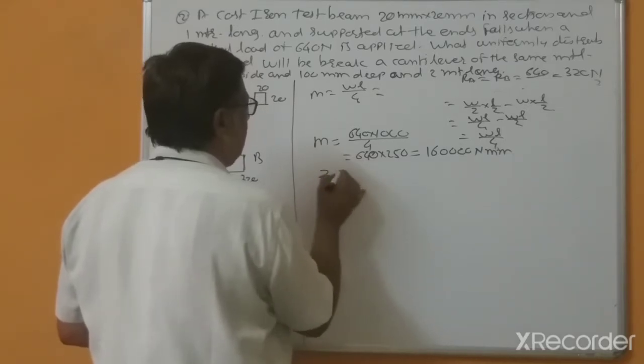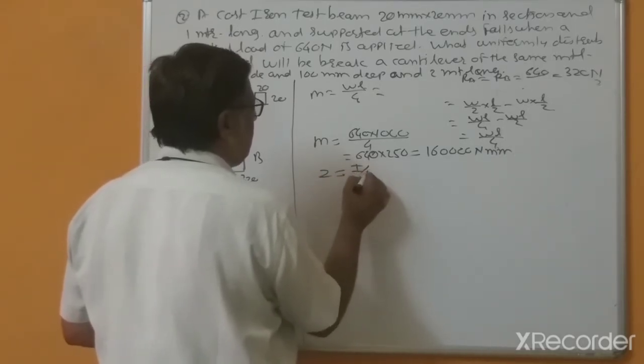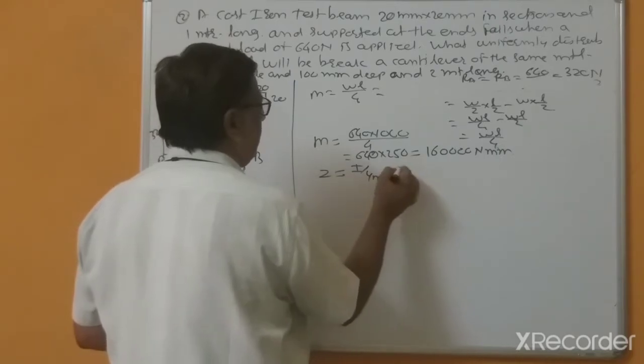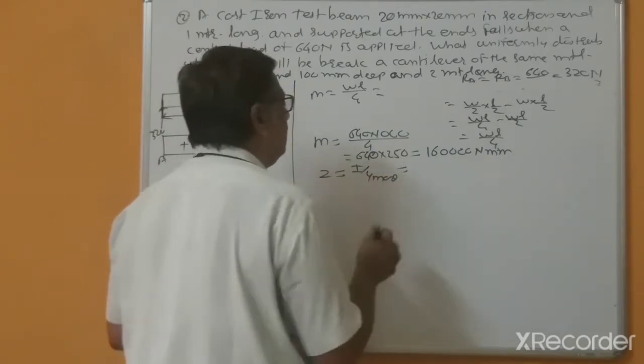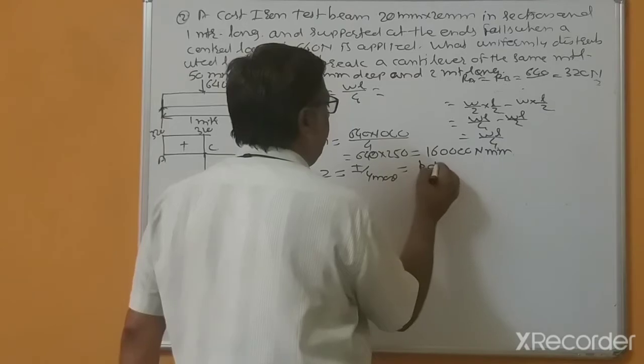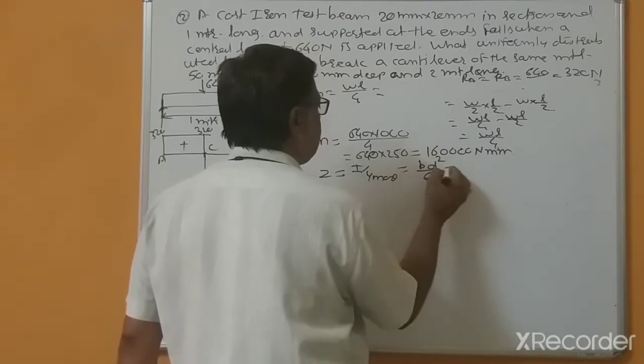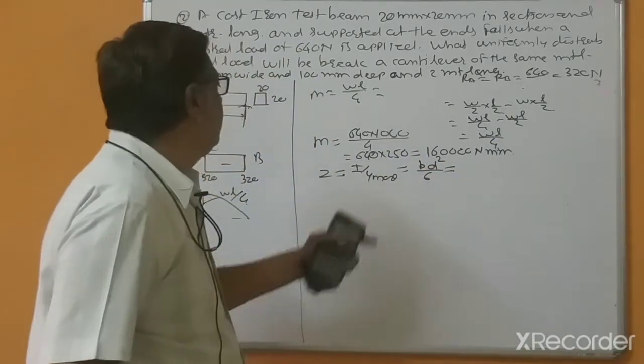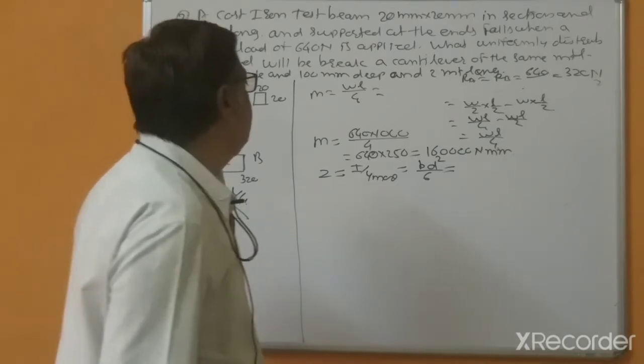Z equal to section modulus, I divided by y max. I equal to BD squared divided by 6, directly I written here.